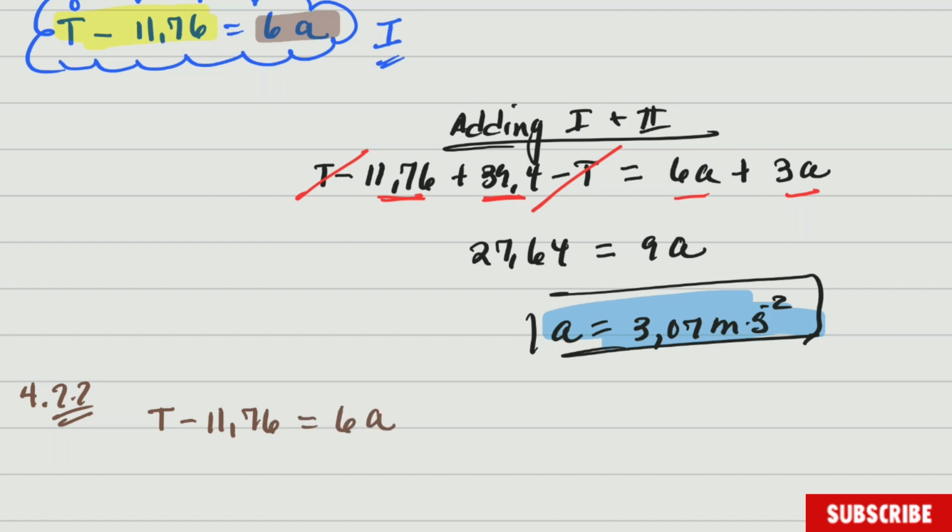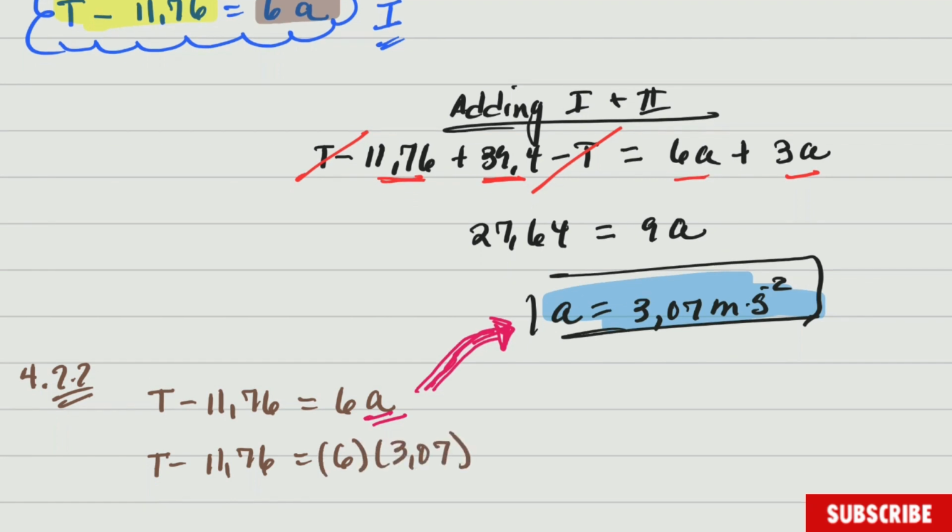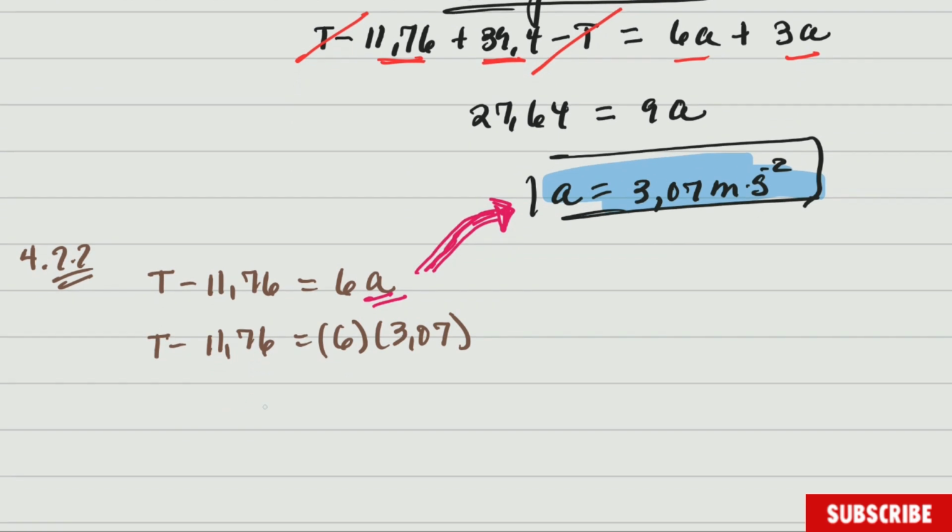And all we're going to do is to substitute the A by the value we got there. Whatever number you get there, you substitute and you will get the marks. So when we do that, we have tension minus 11,76 is equal to 6 multiplied by 3,07. And then the rest is simple mathematics.